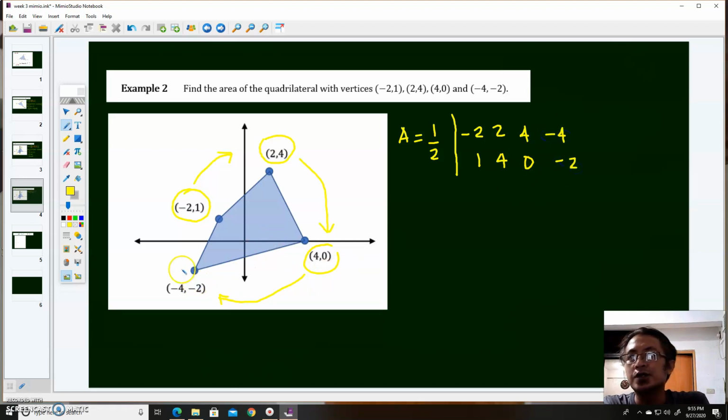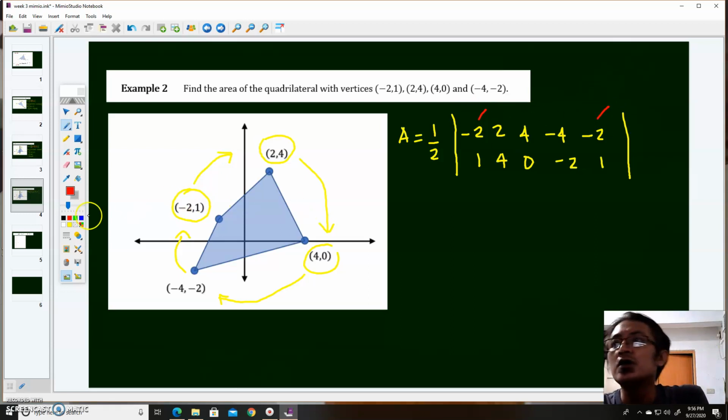Then the next -2, 1. We will end where we started. Notice that always the row we started is the column. The first column is the same as the last column. So we will now set up the shoelace.